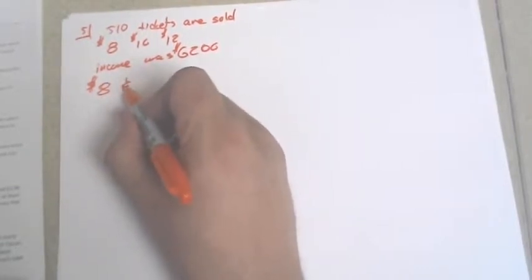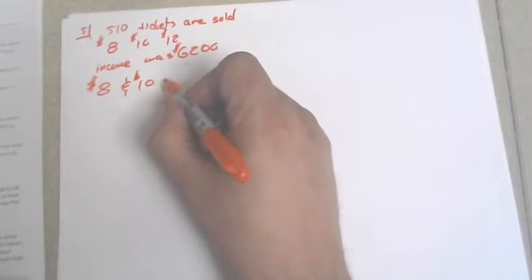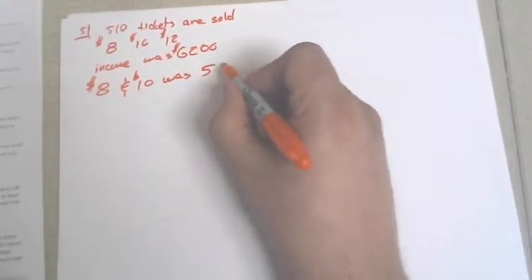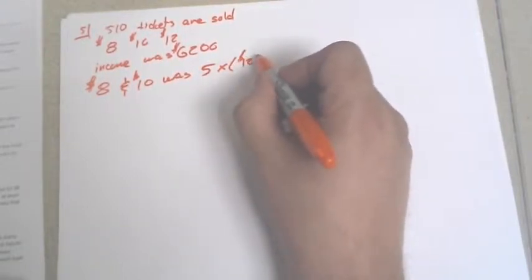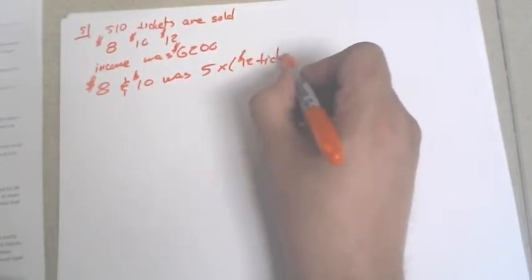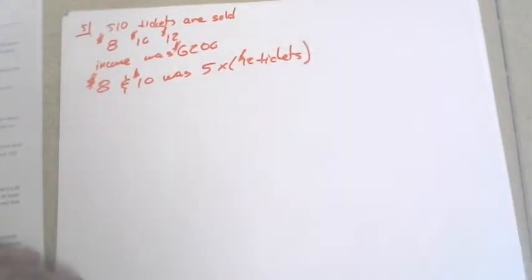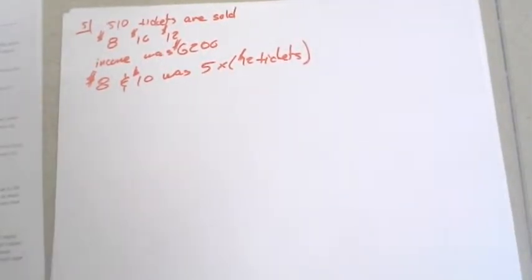And you're told the combined number of $8 tickets and $10 tickets was 5 times the number of $12 tickets. Okay, again, I paraphrased that just so I can refer to it.